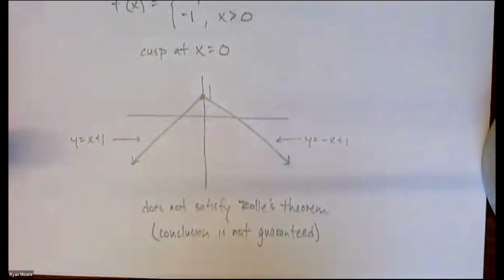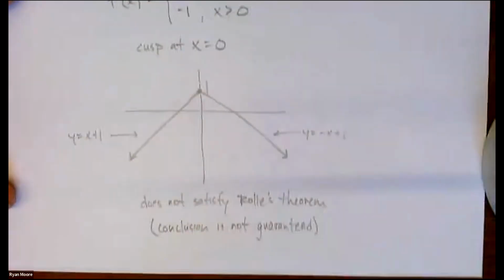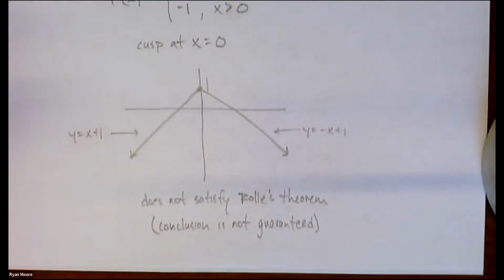If we were to ask, is it possible that the function will still have a place where the derivative equals 0 on the interval? I mean, it's possible, but it's not guaranteed anymore.